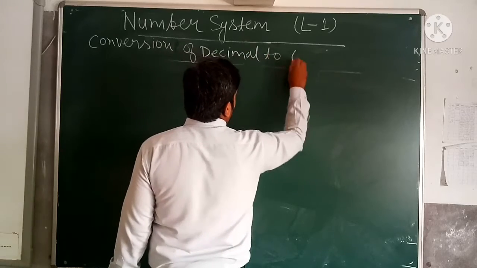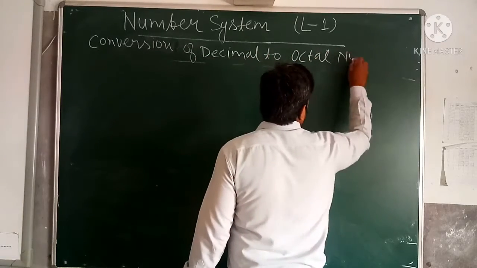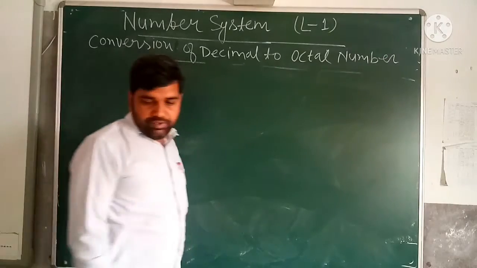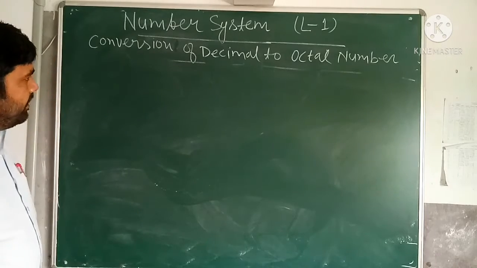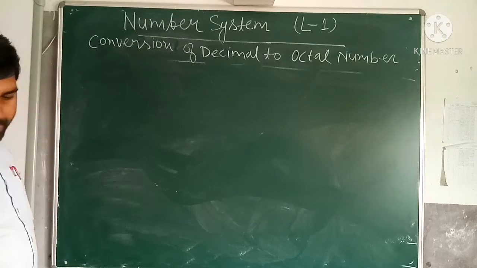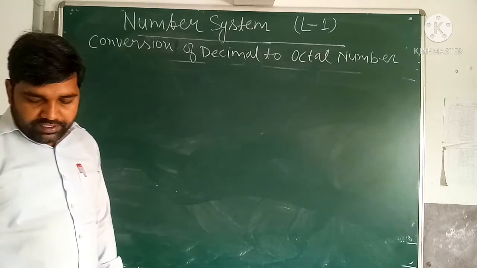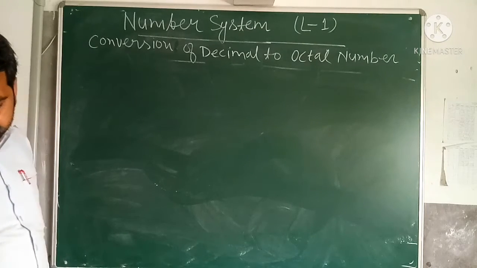So how do we convert a decimal number to an octal number system? In the octal number system, it takes 8 different digits, that means 0 to 7. So to convert any decimal number to octal, what do we have to do?